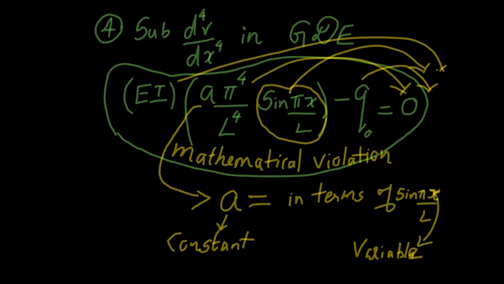When x is equal to capital L, you are localizing your attention on the right extreme end. If x is equal to L/3 or L/4, it means that x represents any arbitrary position on the beam. So definitely it is not a constant. It is a variable, whereas a is a constant.